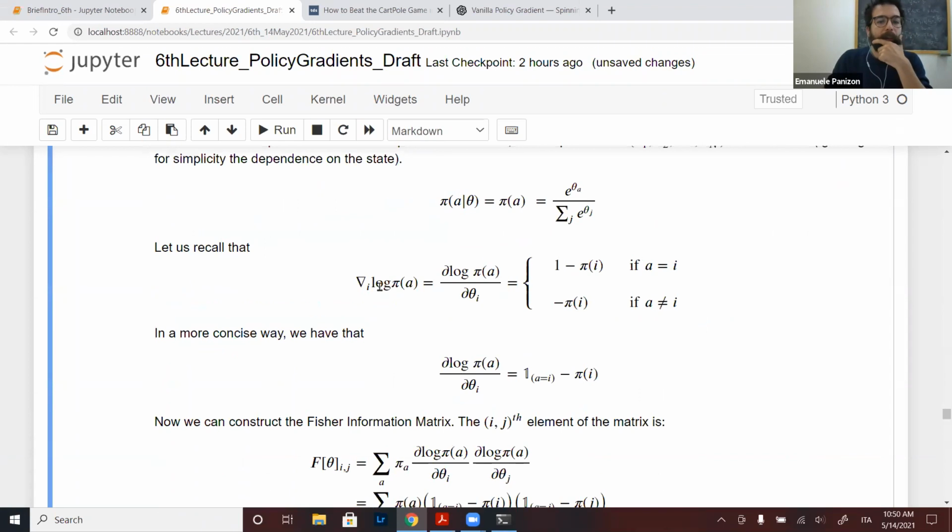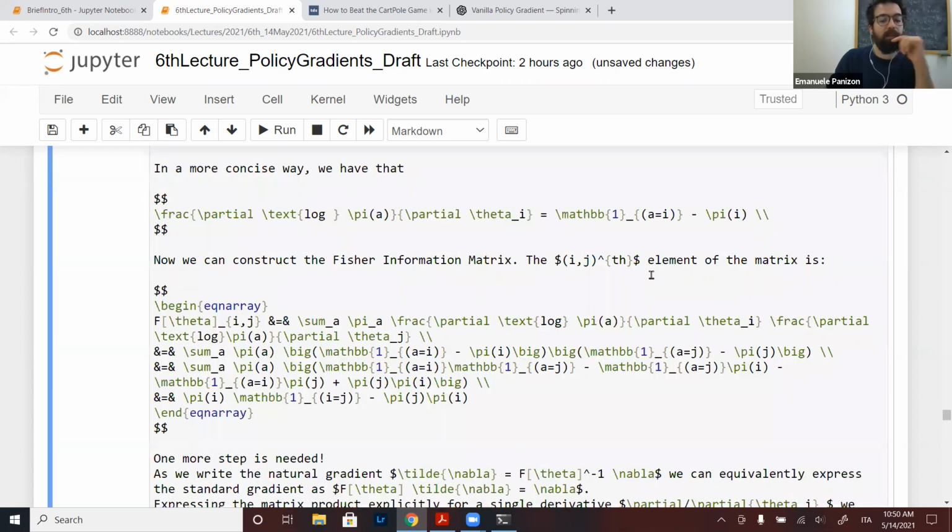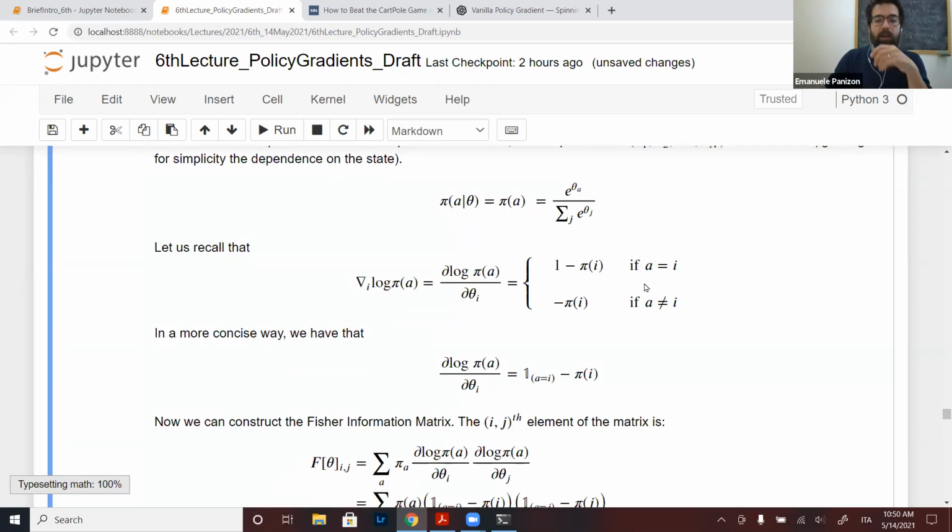I know how to deal with it, because we already saw that if I have the probability of taking an action and I do the differentiation by the parameters, it's either 1 minus π, the probability of taking the action i, or it's minus the probability of taking i, depending on whether the action i is the action I'm considering or not.